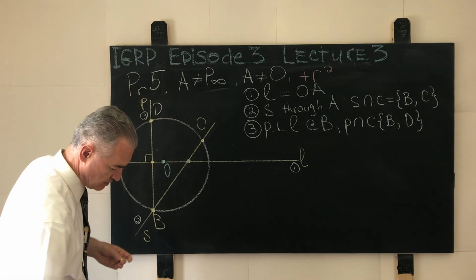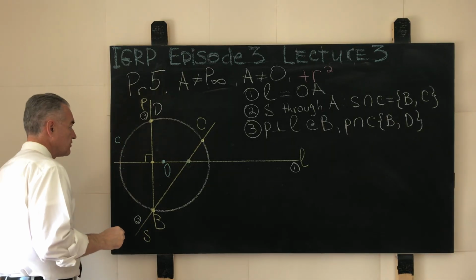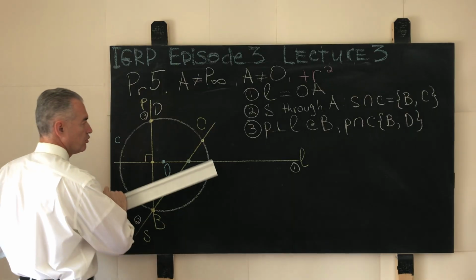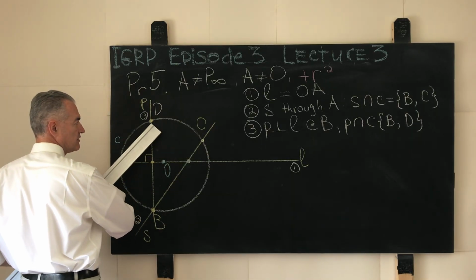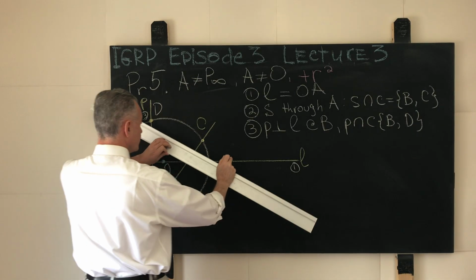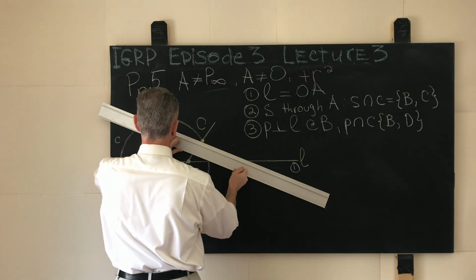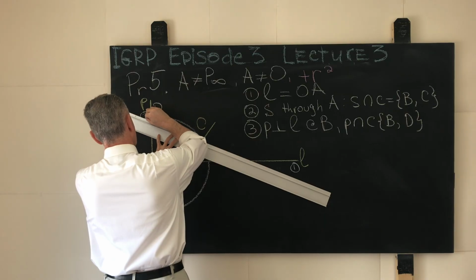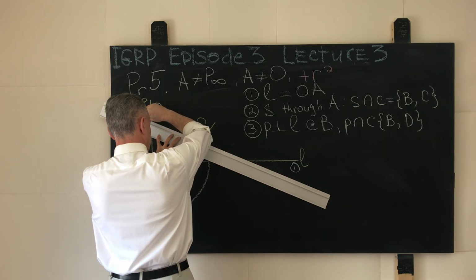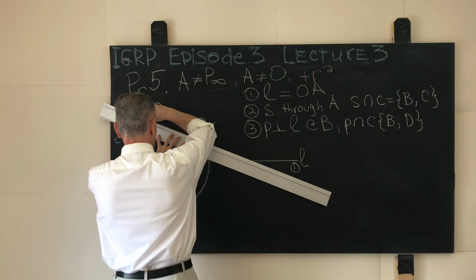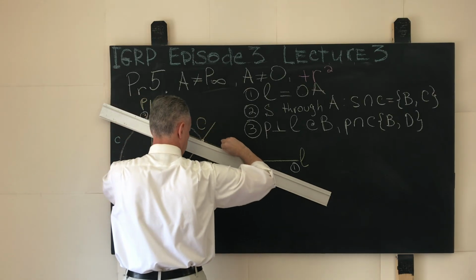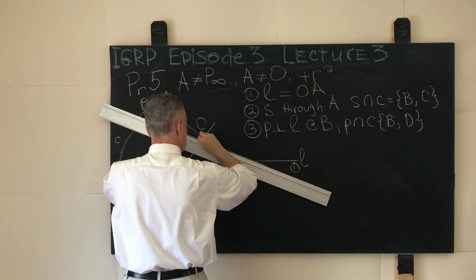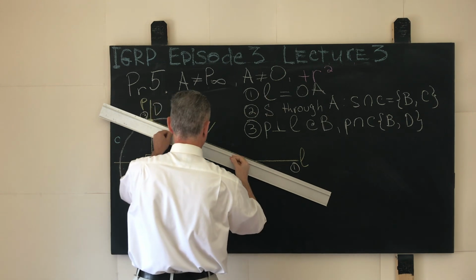We're home free. We have 2 distinct points, C and D. And the straight line through these points will intersect the straight line L precisely at the point sought after.